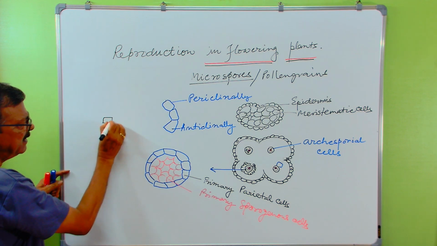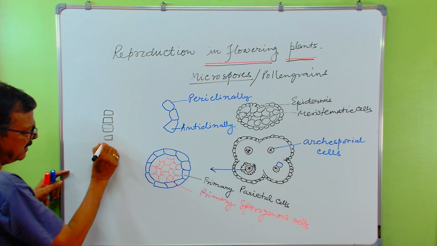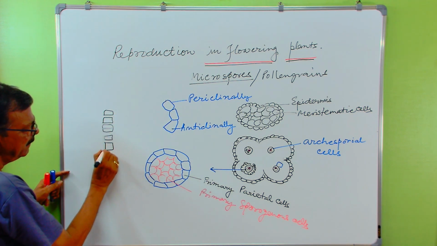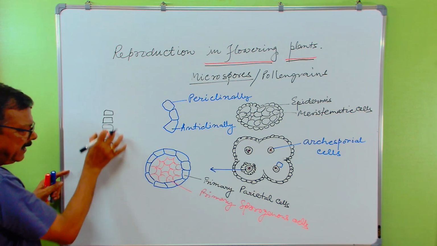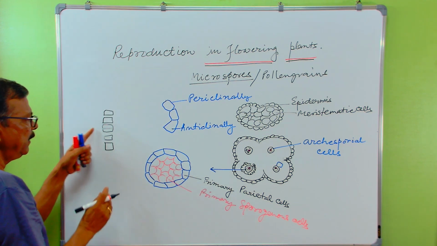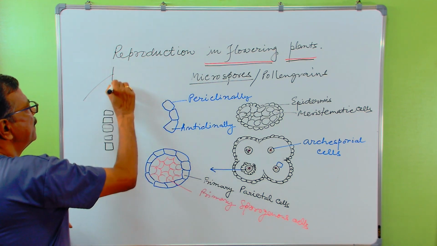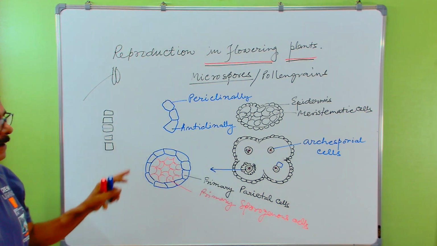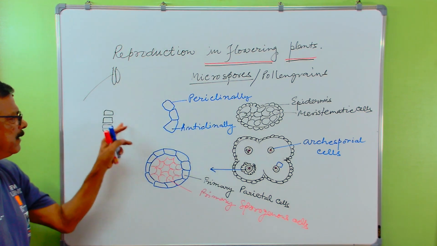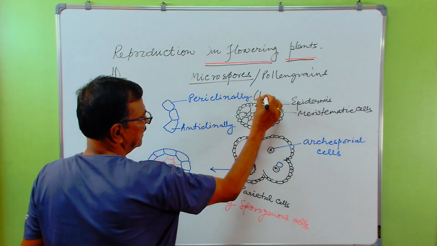Again it divides, so there will be one cell here and one cell here. So periclinal division will increase the length of the anther.